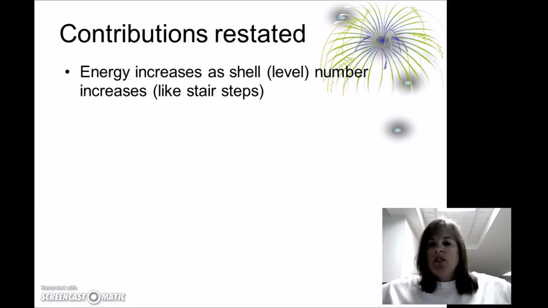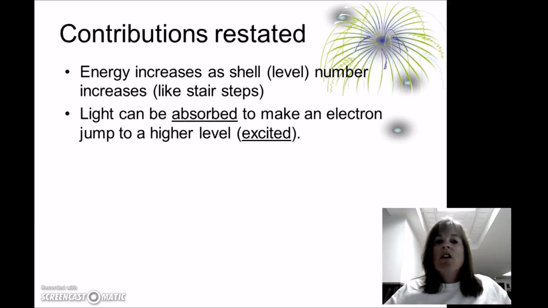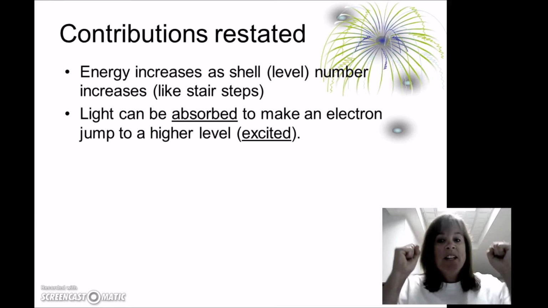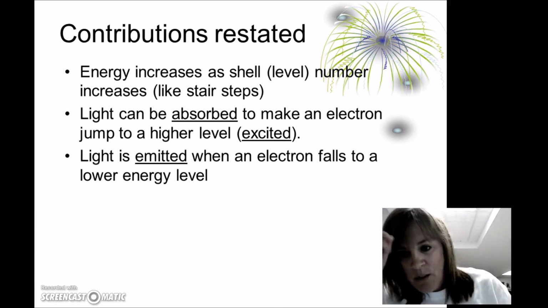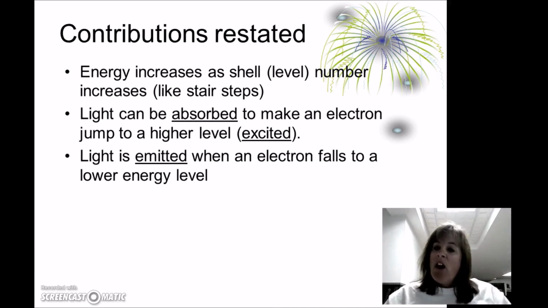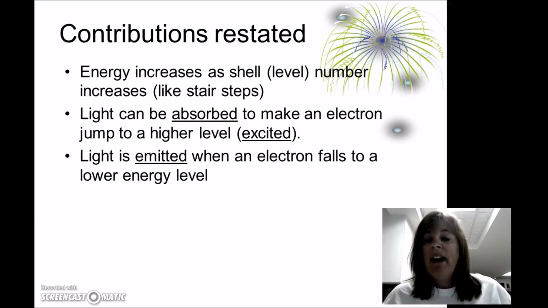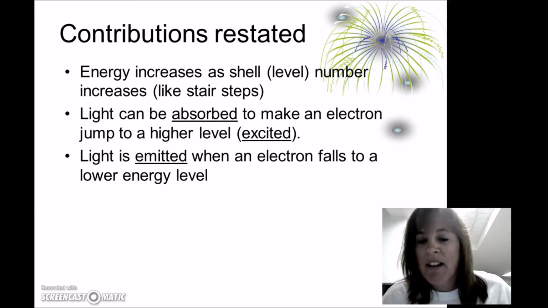That energy level increases. In order to move to a higher energy level, I have to absorb some light. If I absorb some light, right, light has energy, an electron can jump to a higher state, and we call that an excited state. Woohoo, we're excited! But eventually we lose our excitement, and we fall back down to a lower level, like climbing down the ladder. I hate heights, so I won't stay up on a ladder very long.